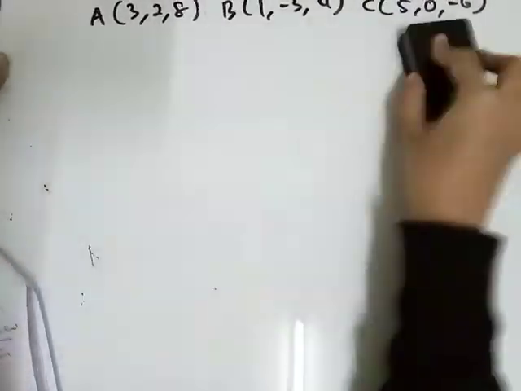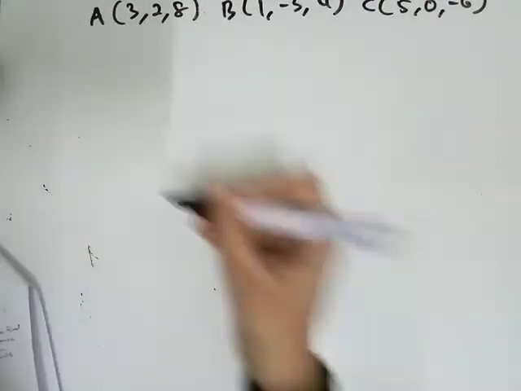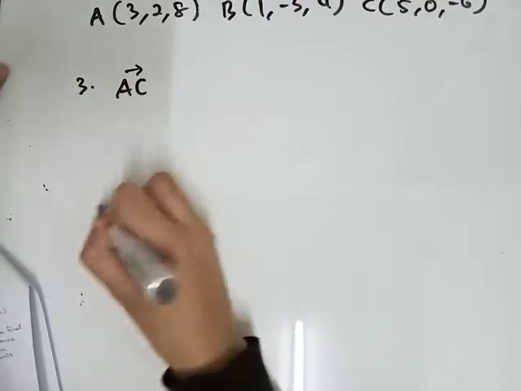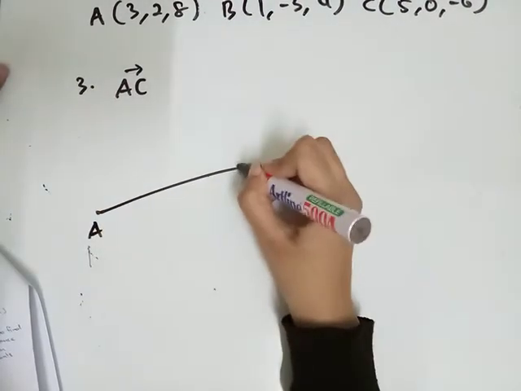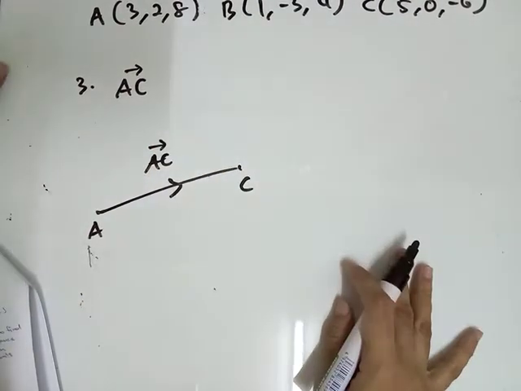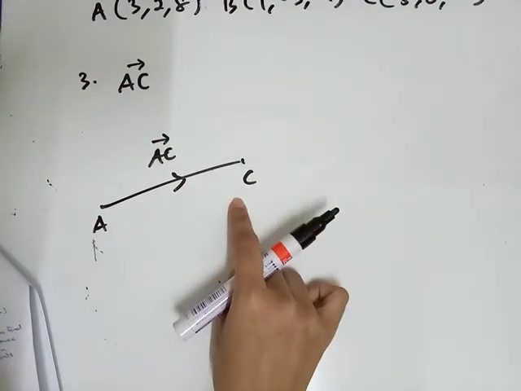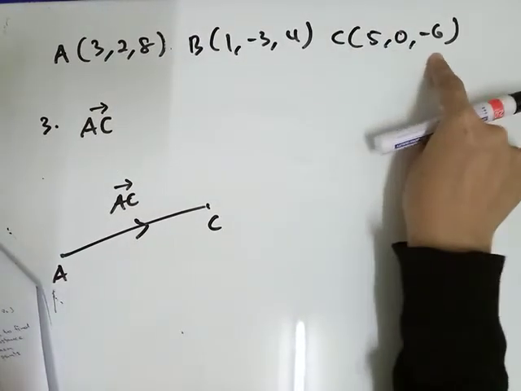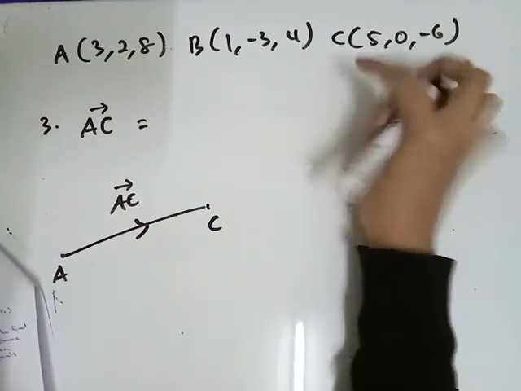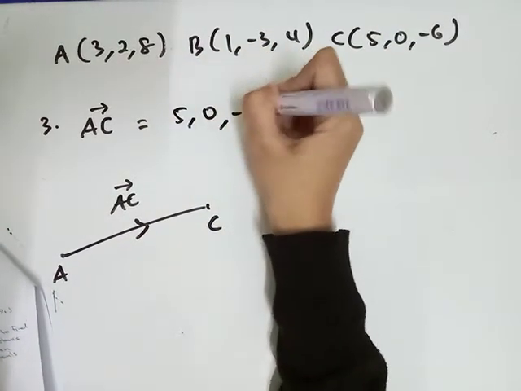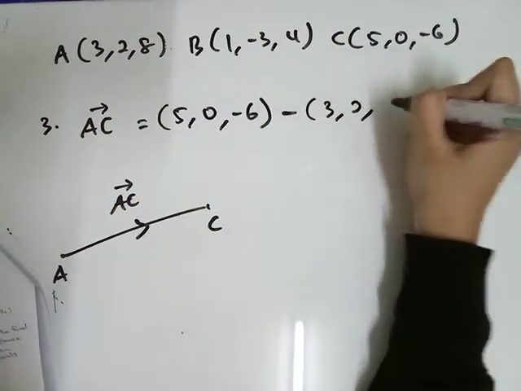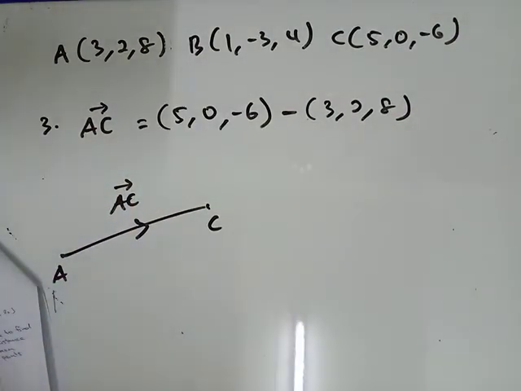Number 3. Find vector AC. Vector AC means from point A to C. We have to find the distance between these 2 points. To find the distance, point C minus point A. So (5, 0, negative 6) minus A, which is (3, 2, 8).